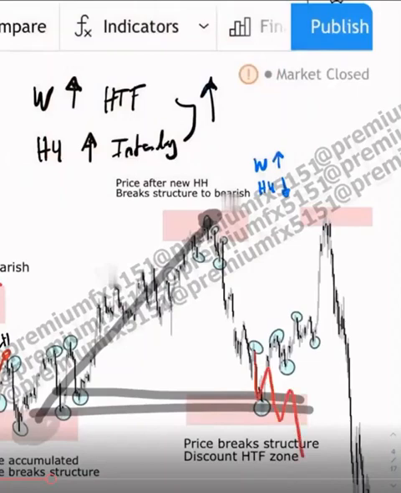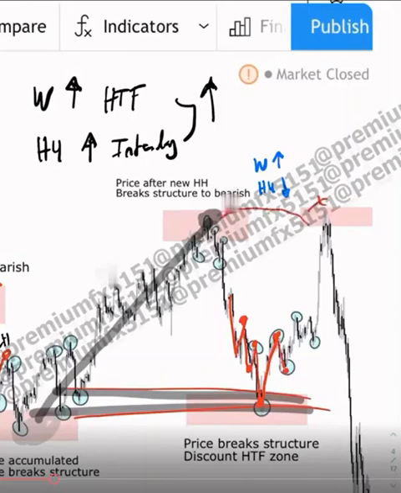But if the market, lower high, lower low, lower high, lower low, breaks to the upside, now I know that at certain levels this is going to create a retracement, and we're going to be buying and targeting new highs, because weekly is bullish and now H4 turned bullish right there.